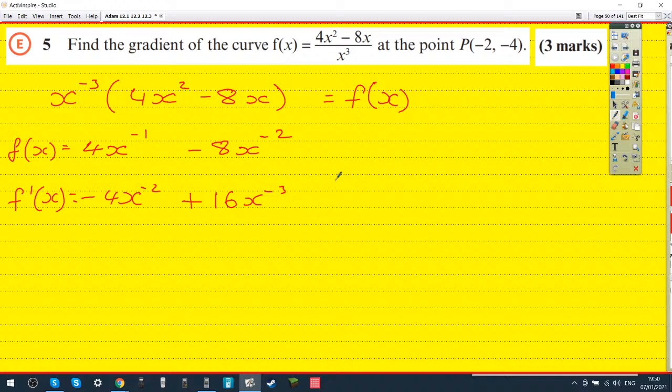And then do you substitute minus 2 or minus 4 in for x? Which one? What do you mean, which one? Oh, minus 2 goes into minus 4x. Just minus 2.